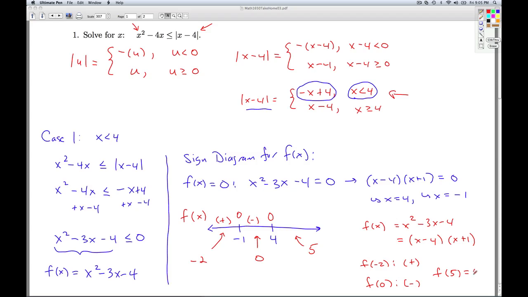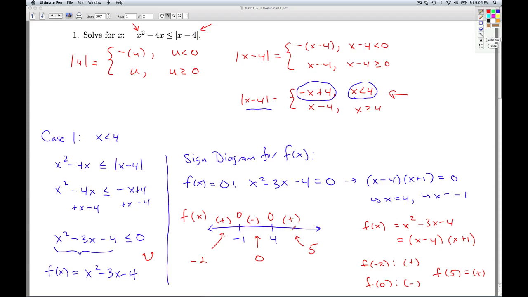I get a positive times a positive is a positive. Alternatively, I could have gotten this sign diagram by thinking of this parabola x squared minus 3x minus 4. Since it's a happy parabola, I know the end behavior looks like this, which means it's going to be positive to start off with, then negative, then positive again. So that's a way to do it geometrically.